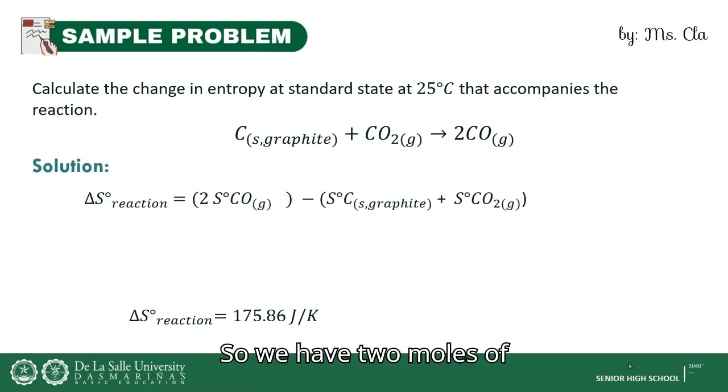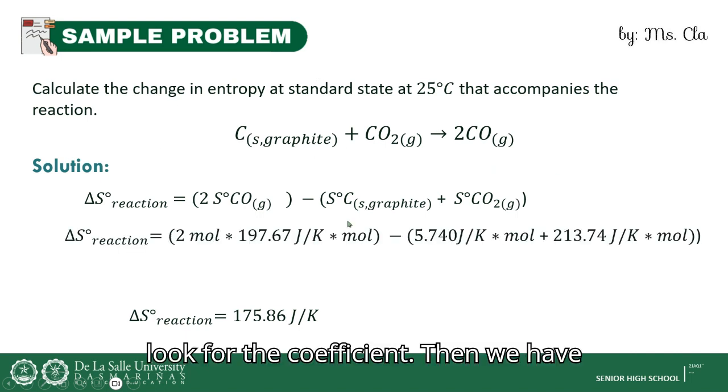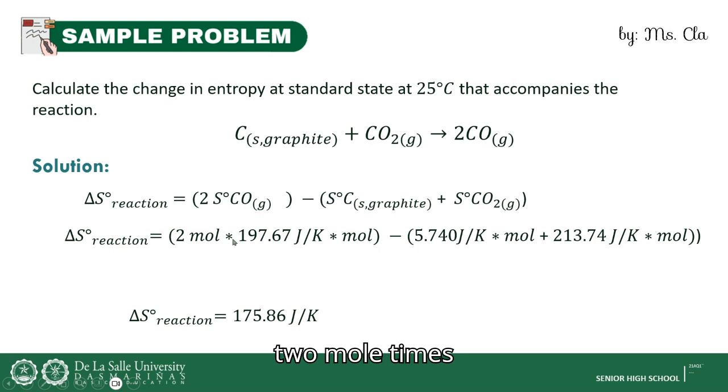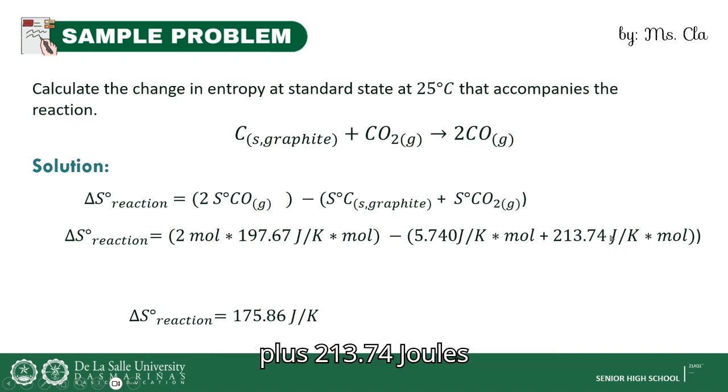So we have 2 moles of carbon monoxide minus 1 mole of carbon plus 1 mole of carbon dioxide. So look at the balanced equation and look for the coefficients. Then we have 2 mol times 197.67, minus 5.70 joules per Kelvin times mole, plus 213.74 joules per Kelvin times mole.